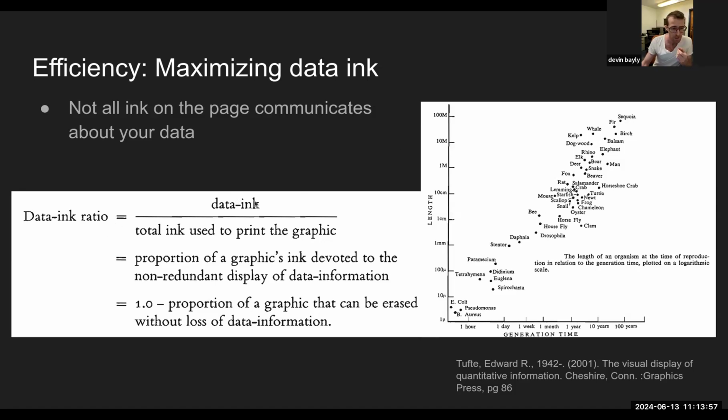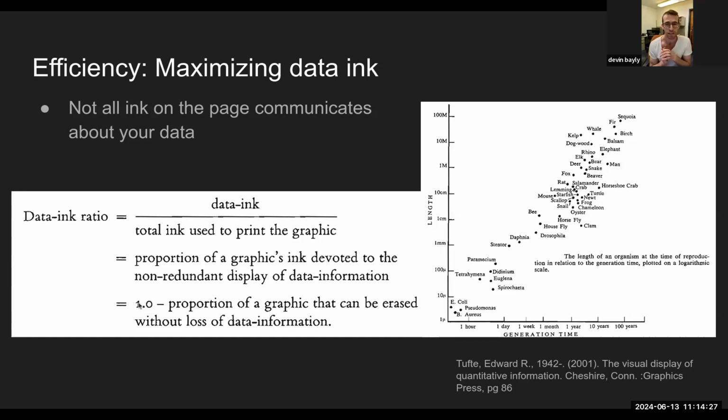I would say the ratio of data ink on this page is pretty close to 1, but it's not 1. There are much more extreme cases where, if that ink ratio gets too low, you might need to start thinking, are there alternative choices that I can be making for my visualization? Don't aim for 1.0 as a proportion, because in this case that would mean taking out scales, and I want you to have scales.